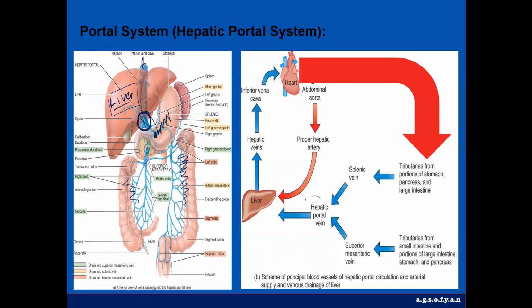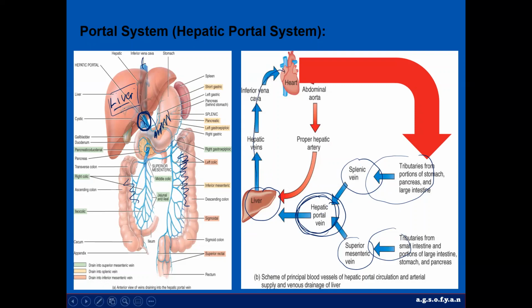Okay, so here, this is the hepatic portal system. All the blood coming from the capillary in our digestive organs will go to the liver first. Okay, this is the hepatic portal system. And then it will return to the heart.